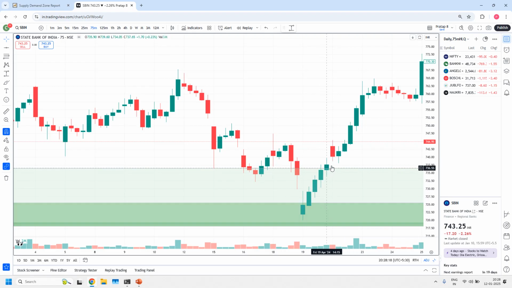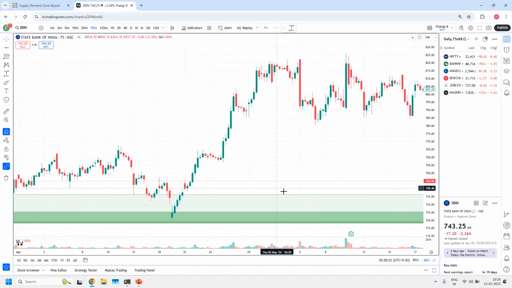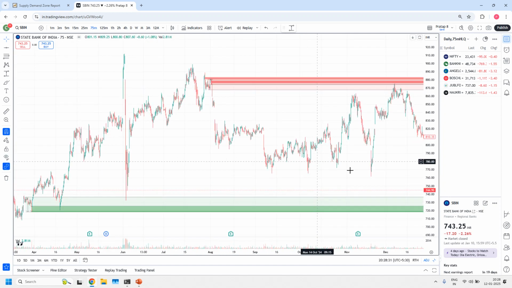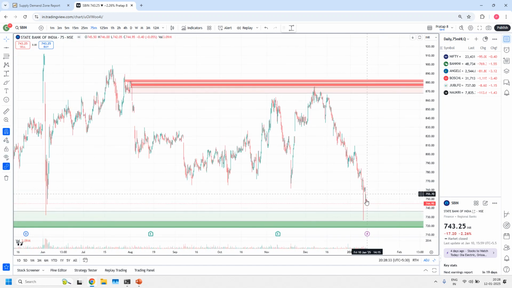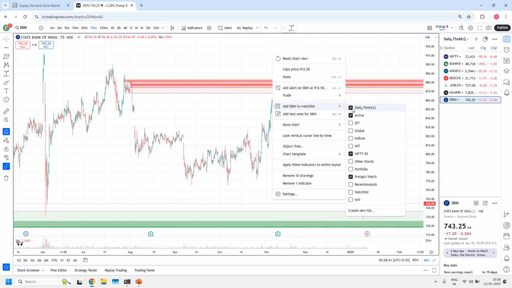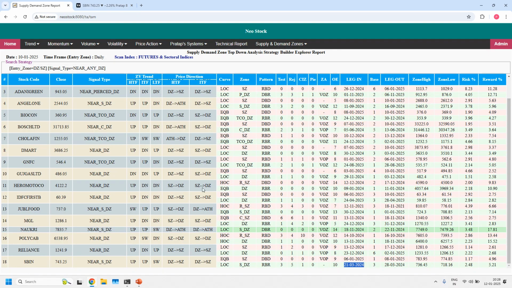Maybe here a rally base with hidden body, rally candle you may consider. Even then this area is already tested in this candle. This is the area already filled. So this is the only valid structure at this point of time. This is State Bank of India. And with this we have completed all the daily high liquidity zone analysis.